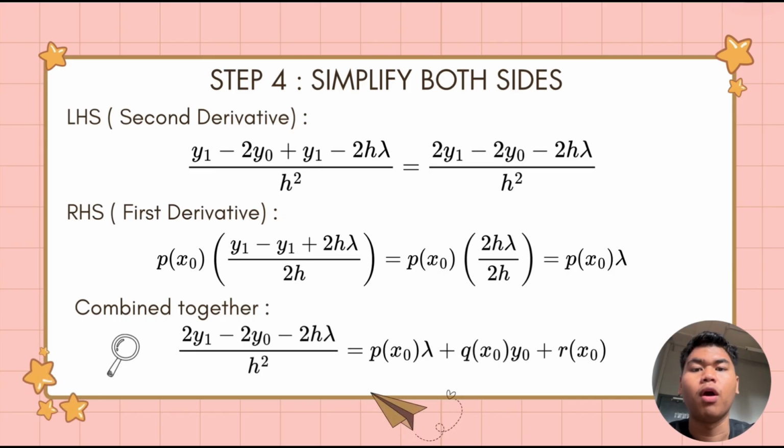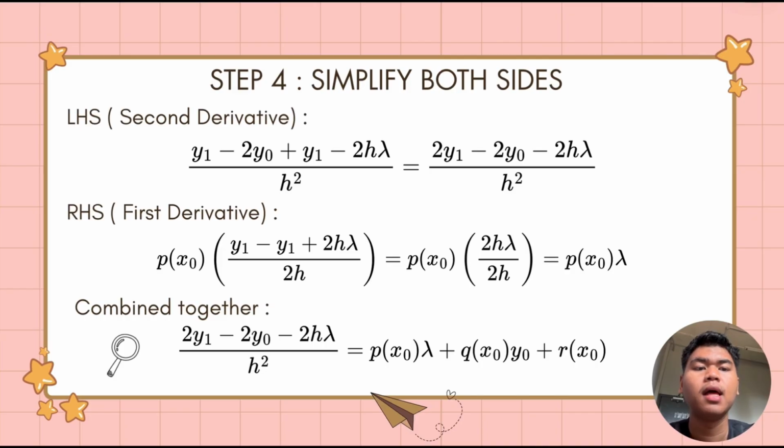To step 4, where we pause to simplify the algebra on both sides. So on the left hand side, we represent our second derivative. We distribute the sign and combine our like terms. The two separate y1 terms combine, condensing the numerator into 2y1 minus 2y0 minus 2h lambda over h squared. Simultaneously, let's look at the first derivative inside the parentheses on the right hand side.